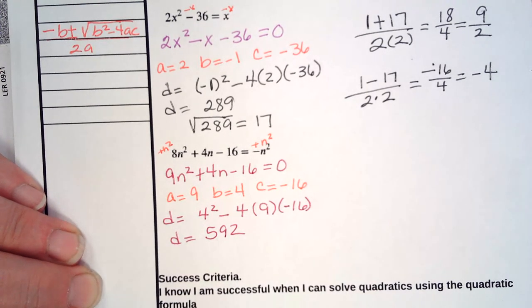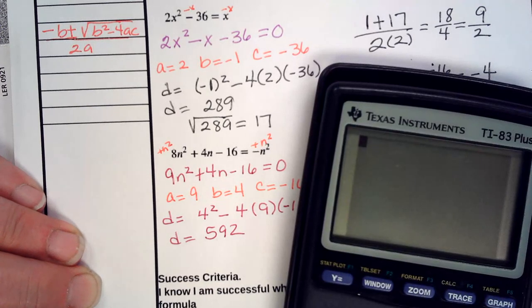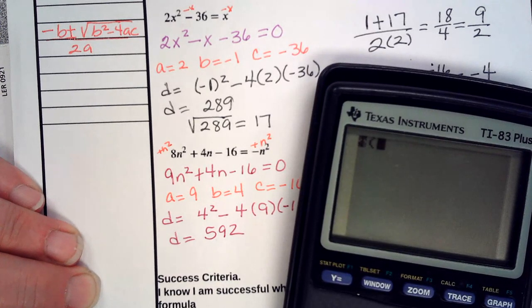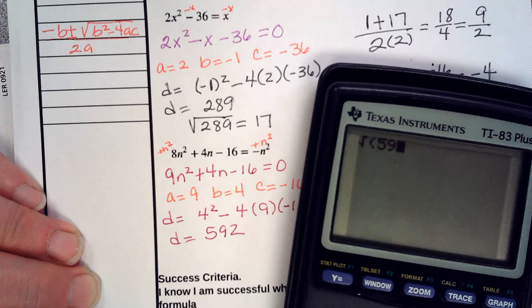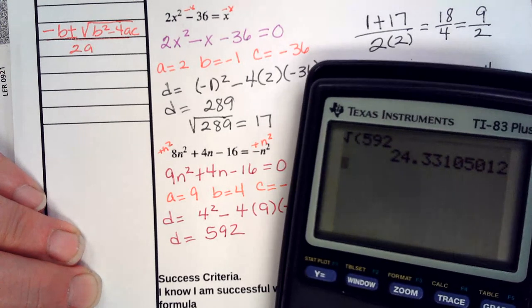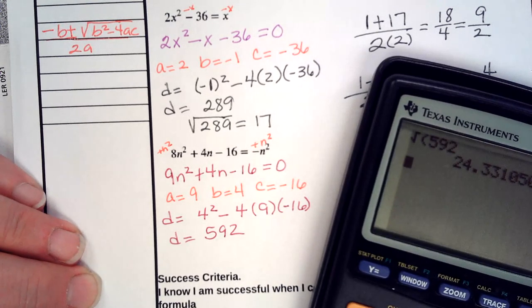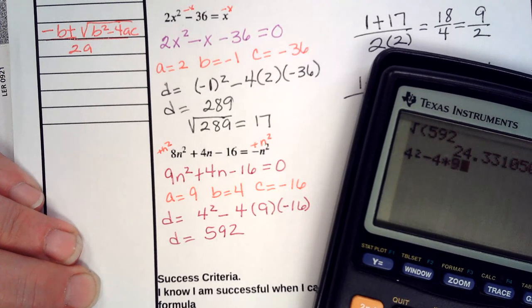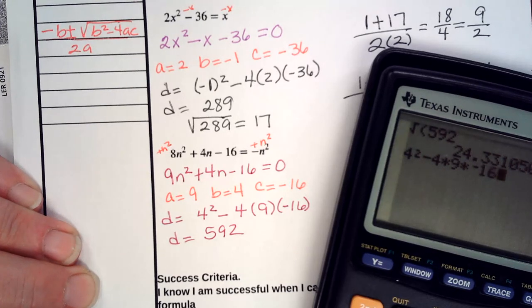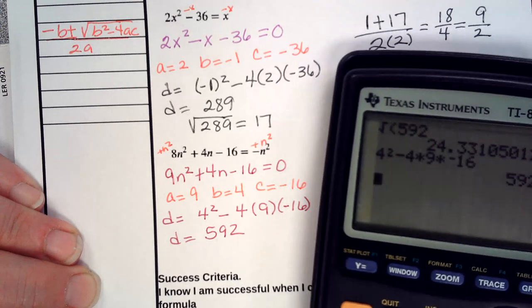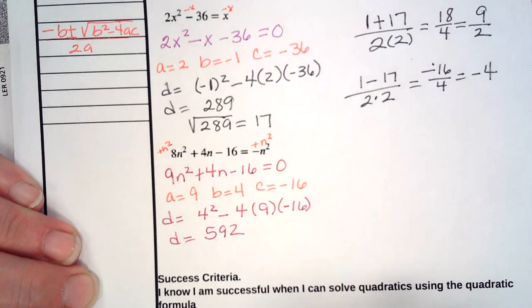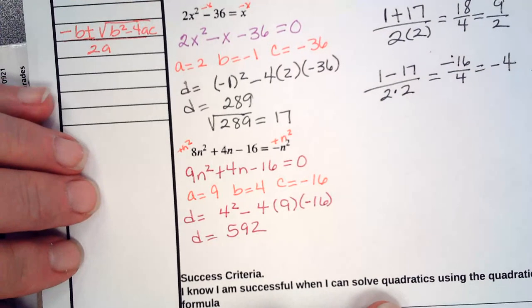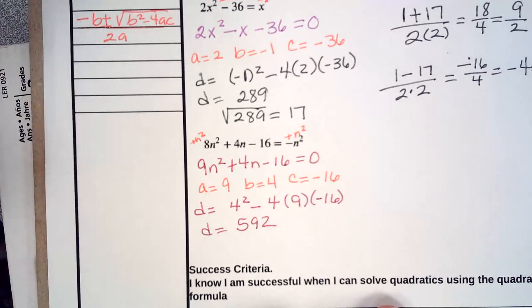Is that a perfect square? It is not. Make sure I've got the right number here. 592 is correct.